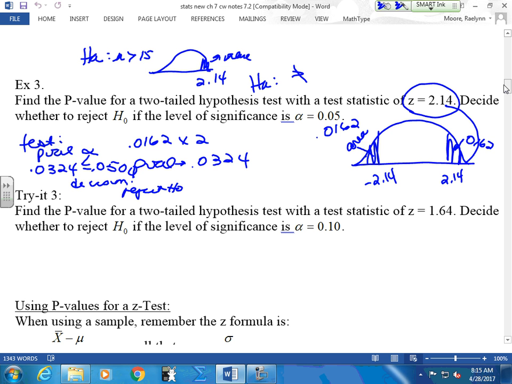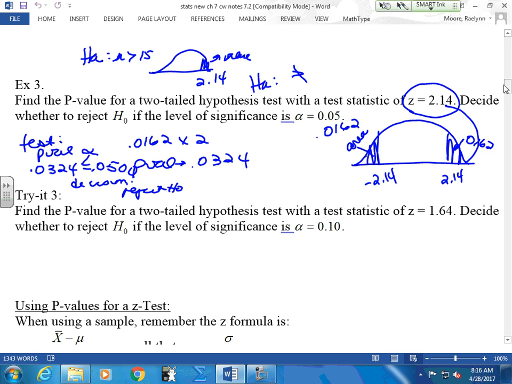When you look up 2.14, remember you get the area to the left. And this is a very small area, isn't it? It's less than 50%. So what do I have to do when I look that up? Minus it from 1. Or I can use the concept of symmetry and look up the negative number. I will still get that little value. That's the only thing. We're going back to our table 4.